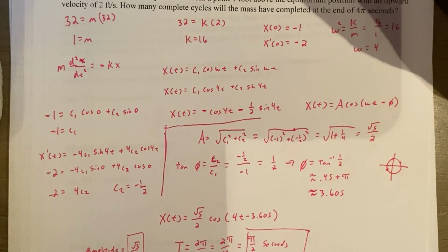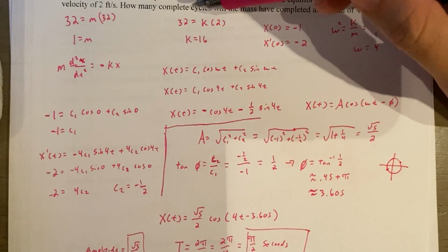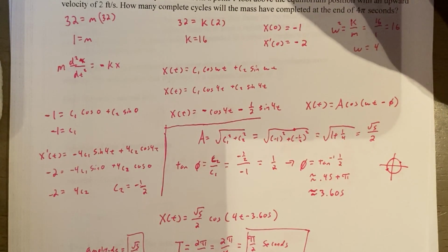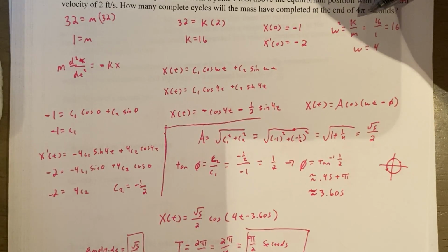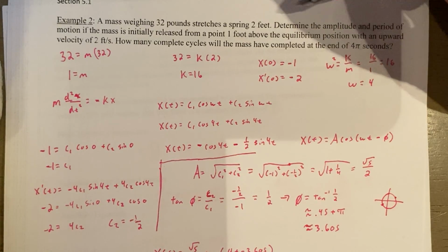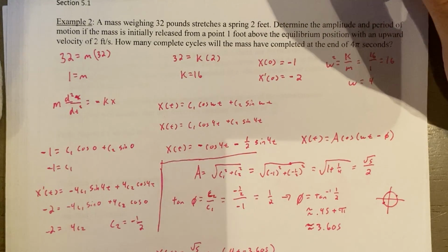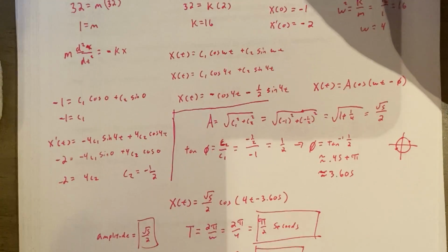Now, there are a few questions that it's asking. It asks how many complete cycles the mass will have completed at the end of 4 pi seconds. And also it wants us to determine the amplitude and period of motion. So the period of motion and the amplitude as well.